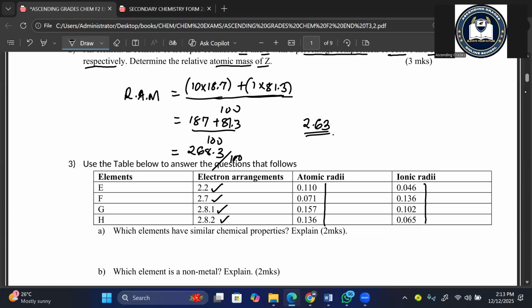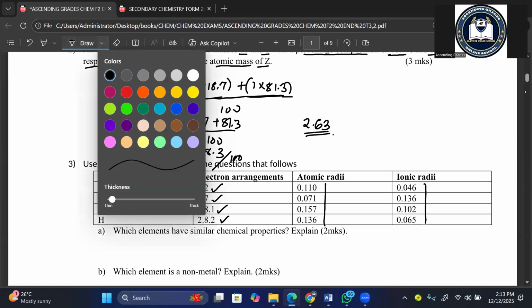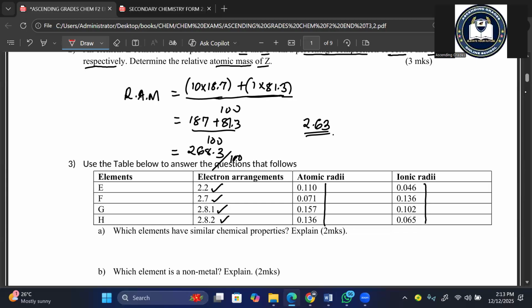So from the look of things, from the electron arrangements, we can only see elements E and H have 2 electrons in their outermost energy levels. So we can pick them because they will share something in common.